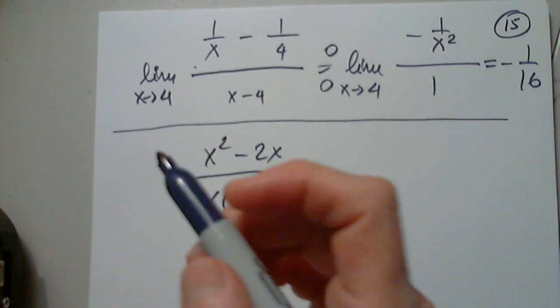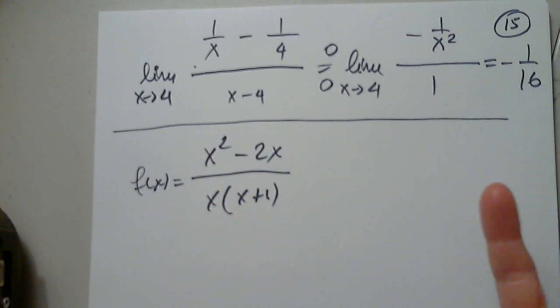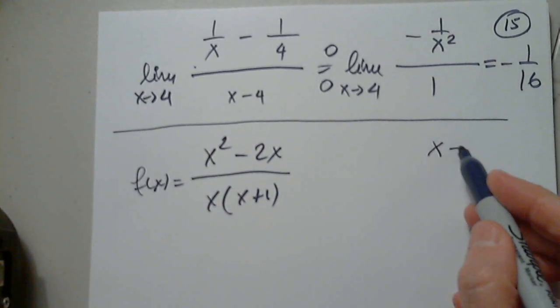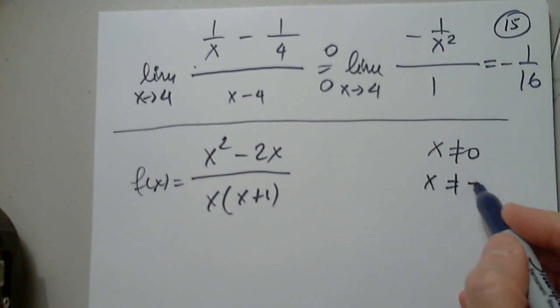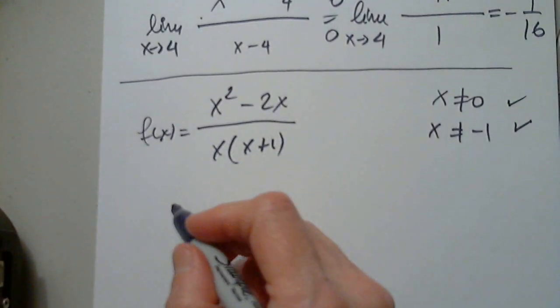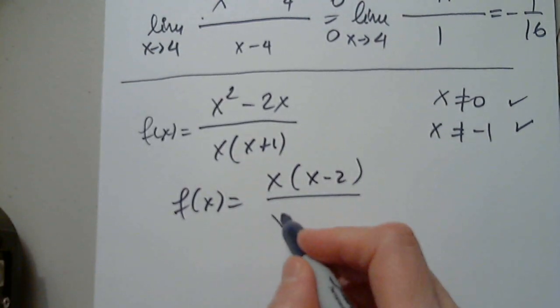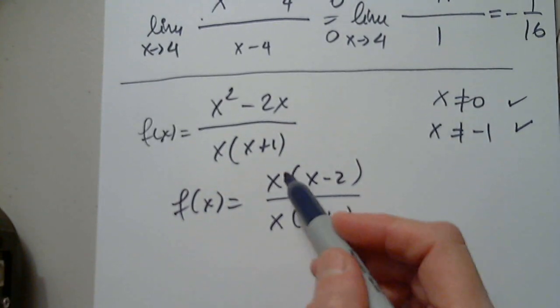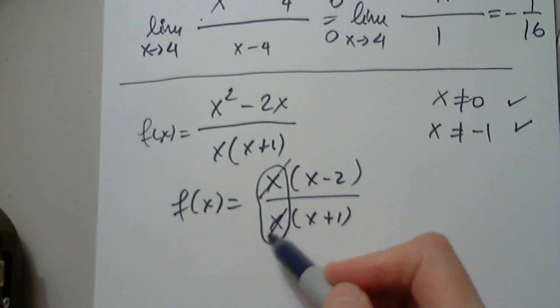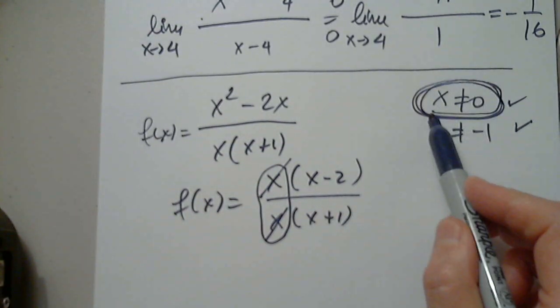Okay. So if this is a function, first of all, I have to find the domain, and the domain is clearly anything but these two. But then when I simplify it by factoring x in the numerator, I realize that this goes away, but this condition remains.